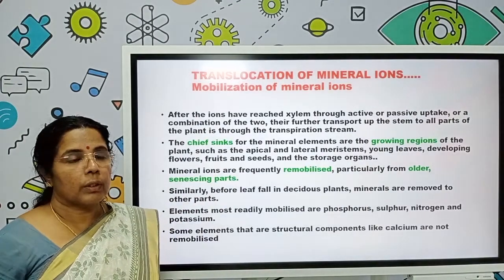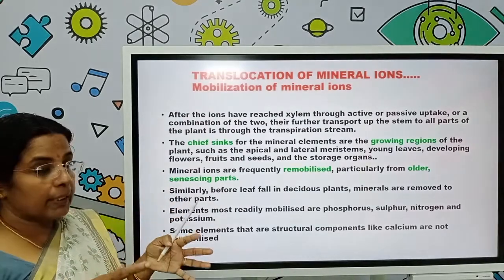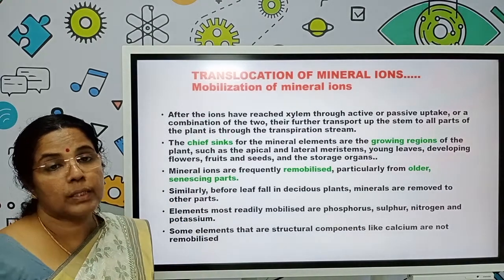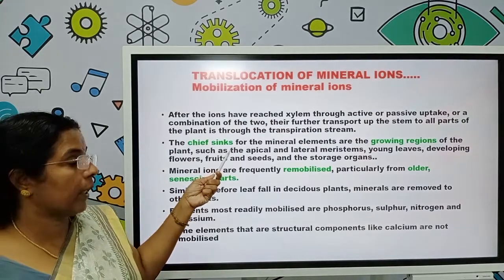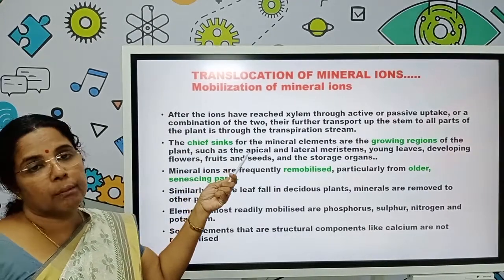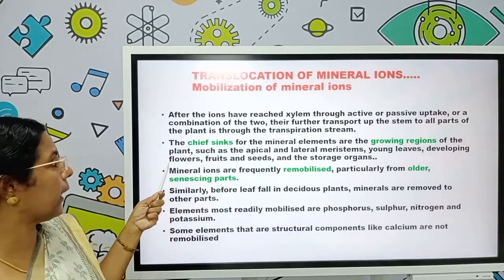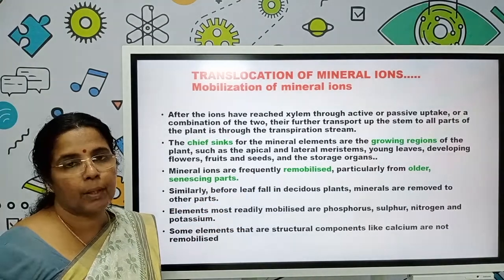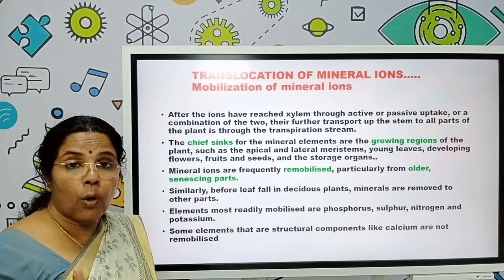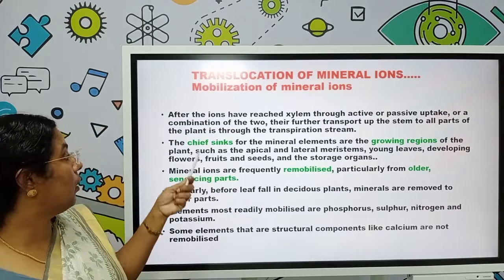The place where mineral ions are needed in a plant we call the chief seat. The chief seats for mineral ions are usually the growing regions of the plant, such as apical and lateral meristems and leaves. These portions of the plant usually need more mineral ions.